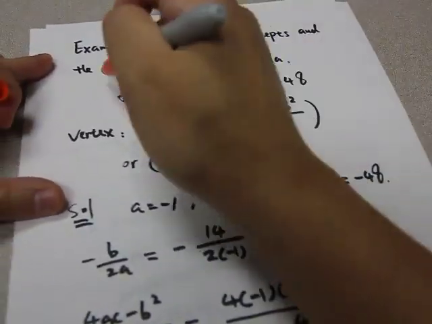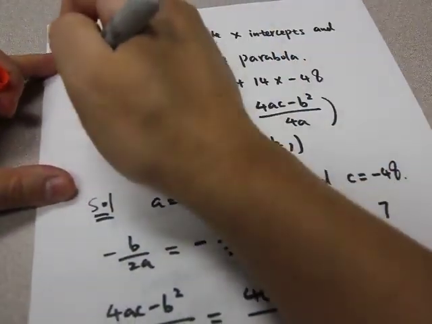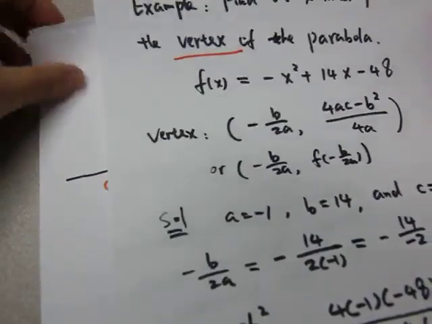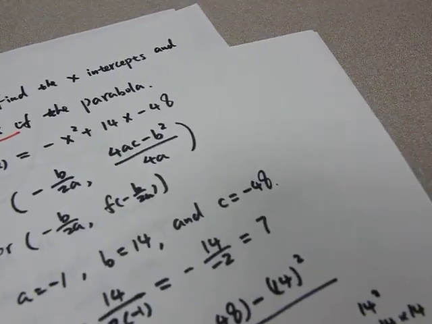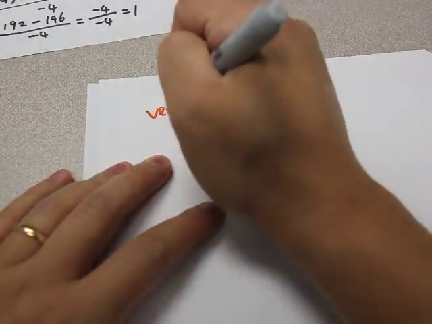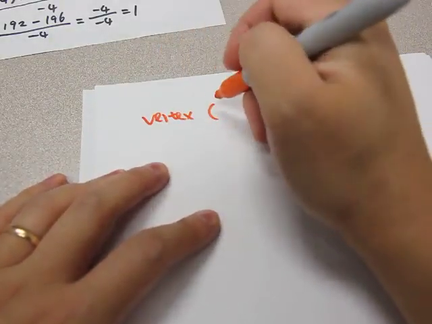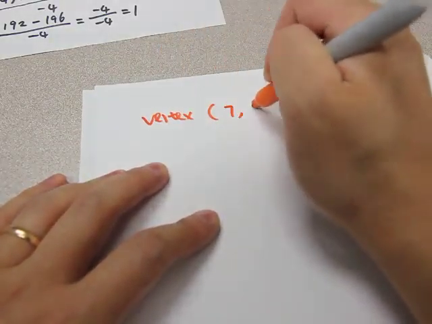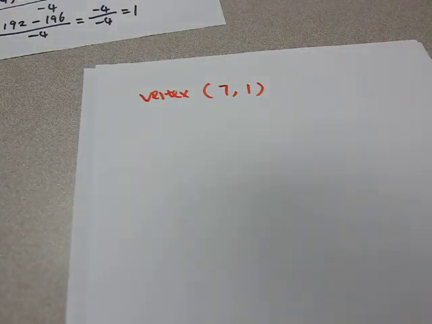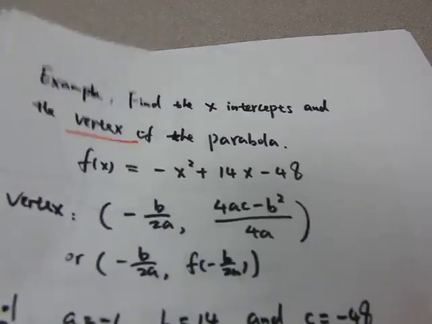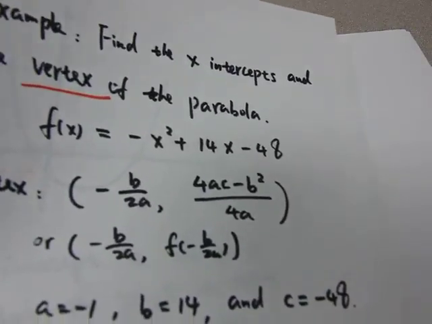So the vertex is the point 7 and 1. Okay, now let's find what are the x-intercepts.